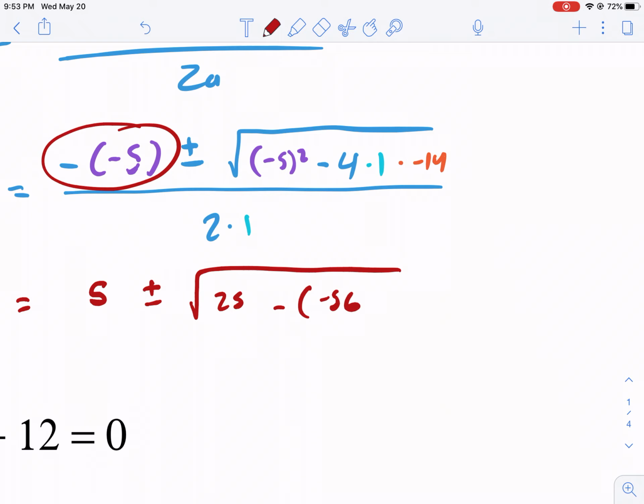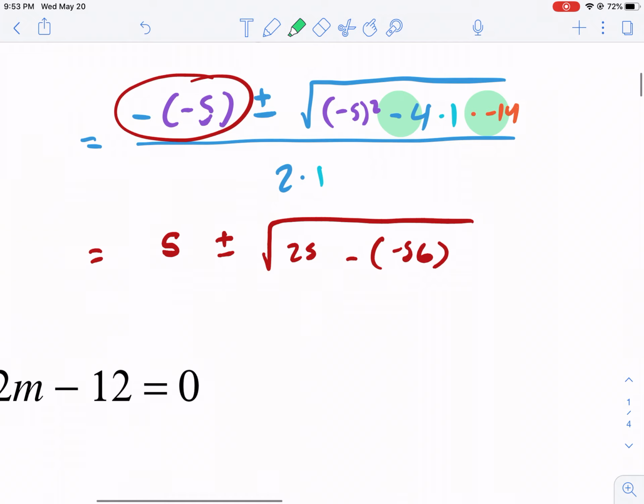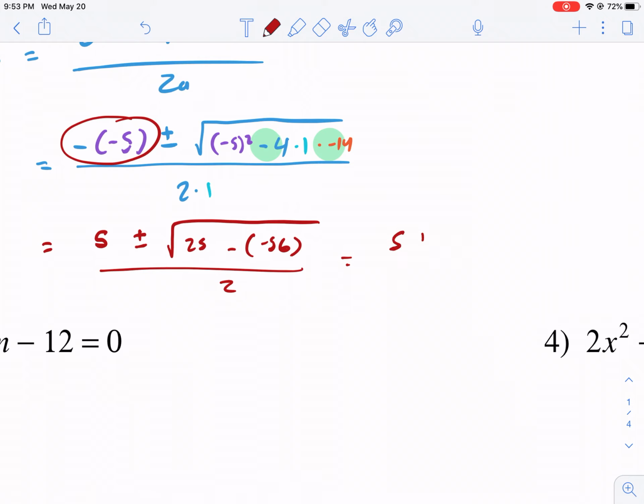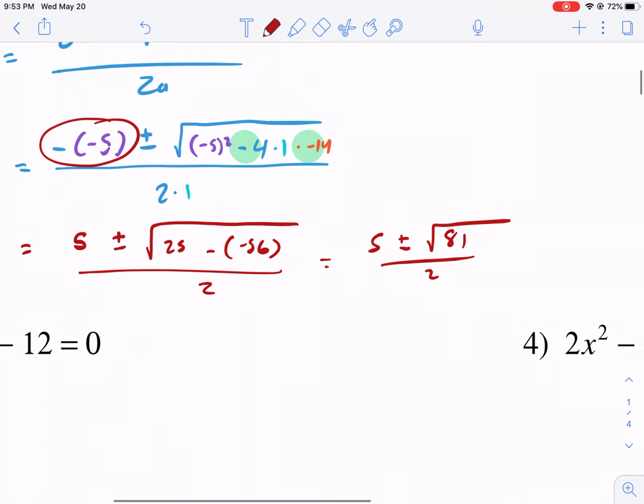Two negative signs end up being a positive. So we get the square root of 25 plus 56, which is 81, over 2.